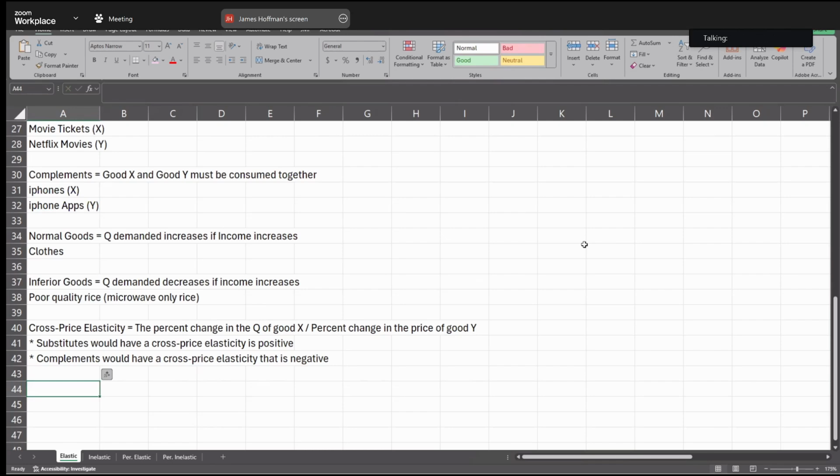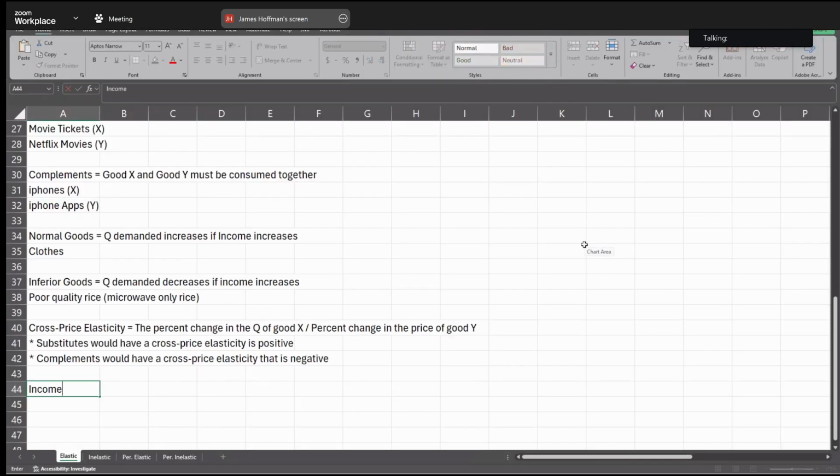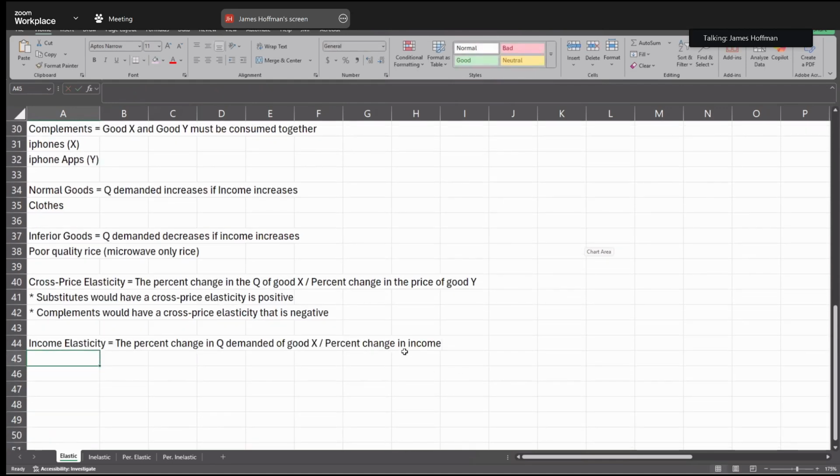Okay. And then the other category, the income elasticity, equals the percent change in quantity demanded of good X divided by the percent change in income. Okay, so if income changes by 10%, how much does quantity demanded change?